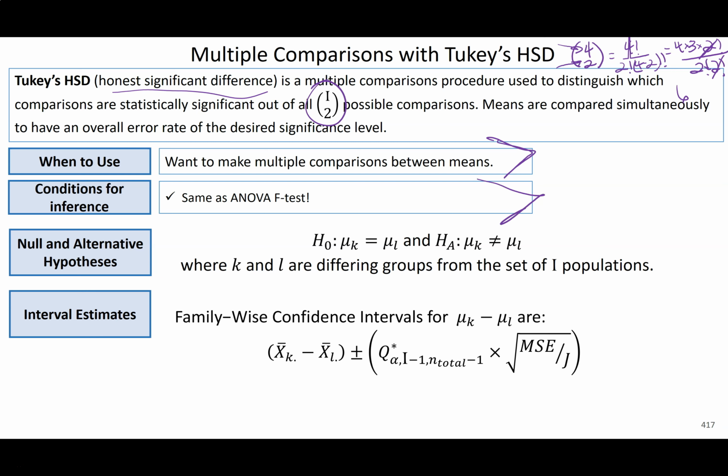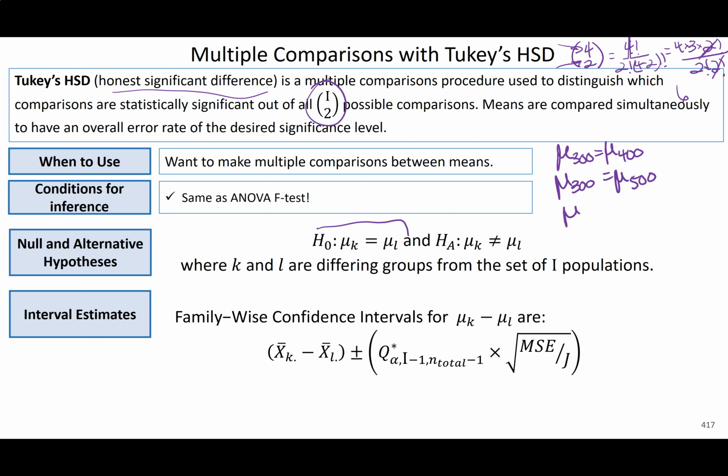So the conditions are going to be identical to when we were doing the single factor ANOVA conditions. And then the null and alternative hypotheses here. So here you can absolutely write out every single pair. You could say, hey, mu 300 equal to mu 400, mu 300 equal to mu 500, and so on.